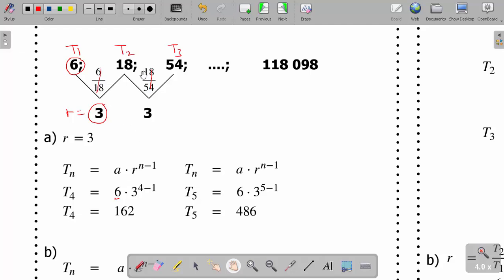That means after T3 we're going to find T4 and T5. To find our T4, it's going to be a r power 4 minus 1, which gives us 162. And then to find T5, it's going to be a, which is 6, times 3 power 5 minus 1, which gives us 486. So these are the next two terms of this sequence.